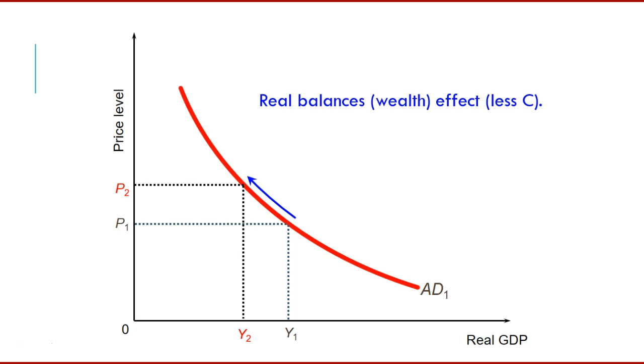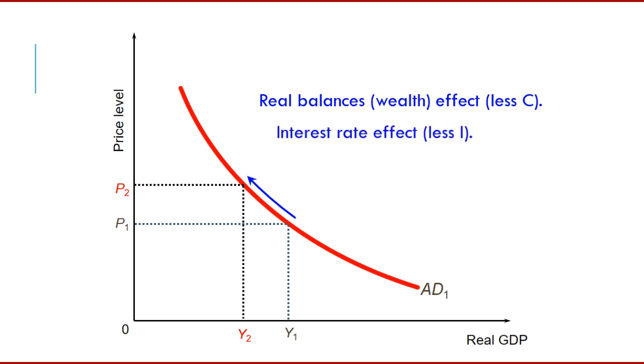This could be caused by the real balances effect, sometimes called a wealth effect, which, due to an increase in prices, makes households feel less wealthy than they did before, and so they decrease their consumption expenditure. They might increase their rates of savings.